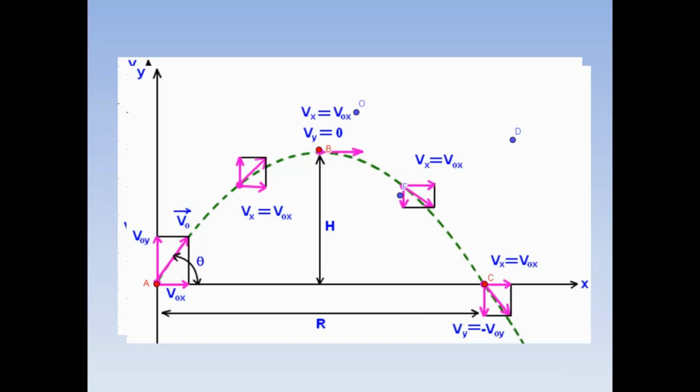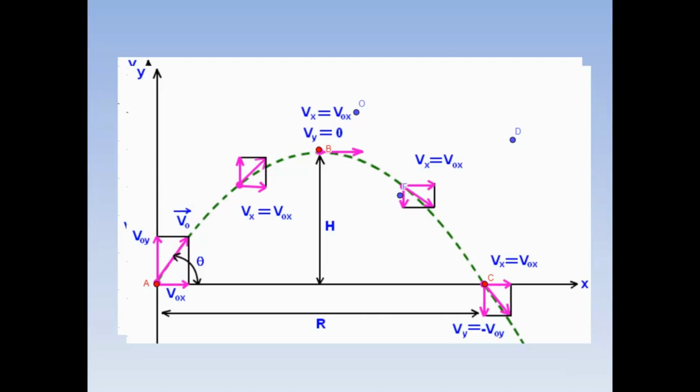At point B, the vertical component of the velocity is zero because it is the turning point between B and C. The direction of the vertical velocity changes. It points downward, and the magnitude increases because it is in the same direction as gravity.